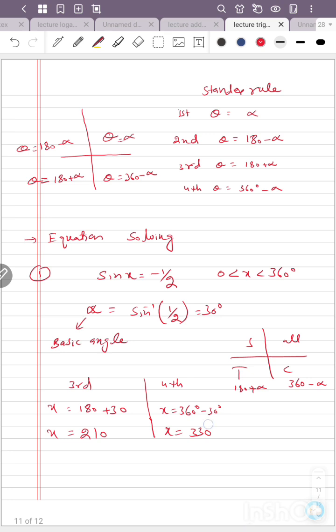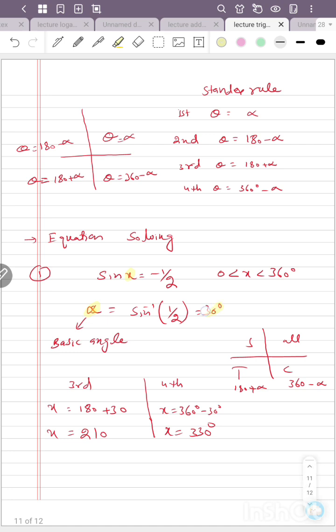Once more I have to explain this question. The question is that we are solving the equation sin x equal to minus 1 by 2, interval is 0 to 360. We have converted into the alpha angle because we know that the angle is over x. Here we have angle x, but here alpha is just the basic angle.